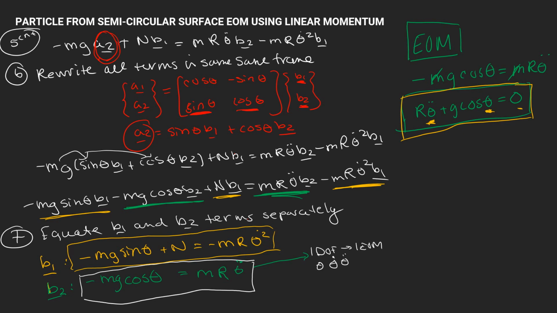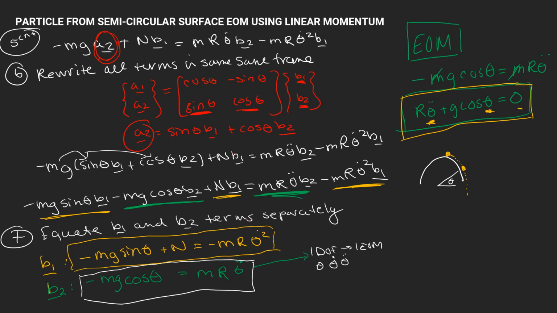In fact, as I mentioned in the beginning, a secondary goal of this problem was to find at what angle the particle separates from the surface. If we just draw out a little schematic here, at some point this particle is going to be traveling along and it will no longer be in contact. And so what is that theta value at which that happens?